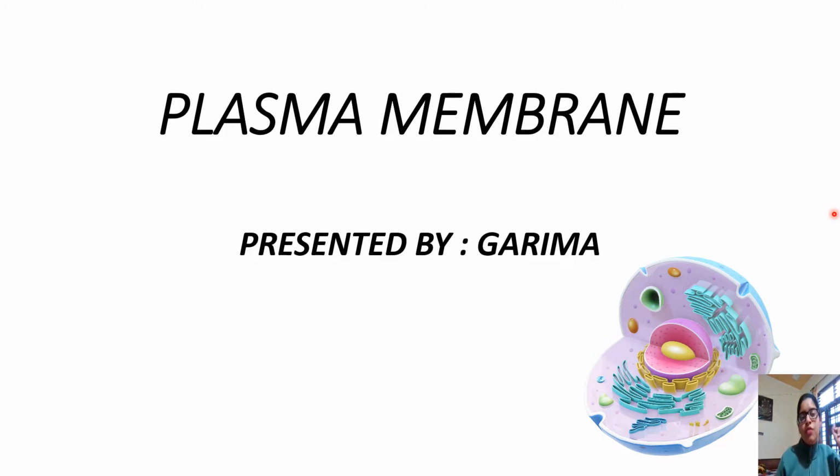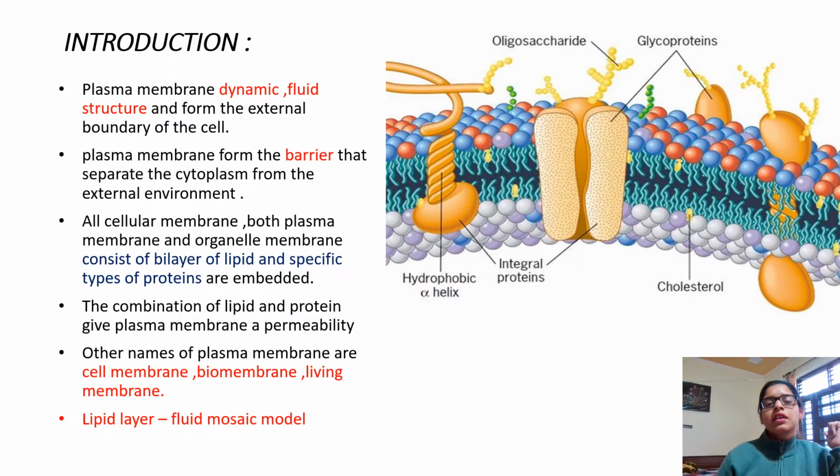So first of all, you should know what the plasma membrane is. It is the outermost covering of the cell, which separates the cytoplasm of the cell from the external environment. Here you can see in the image the basic structure of the plasma membrane, which is made up of lipids.